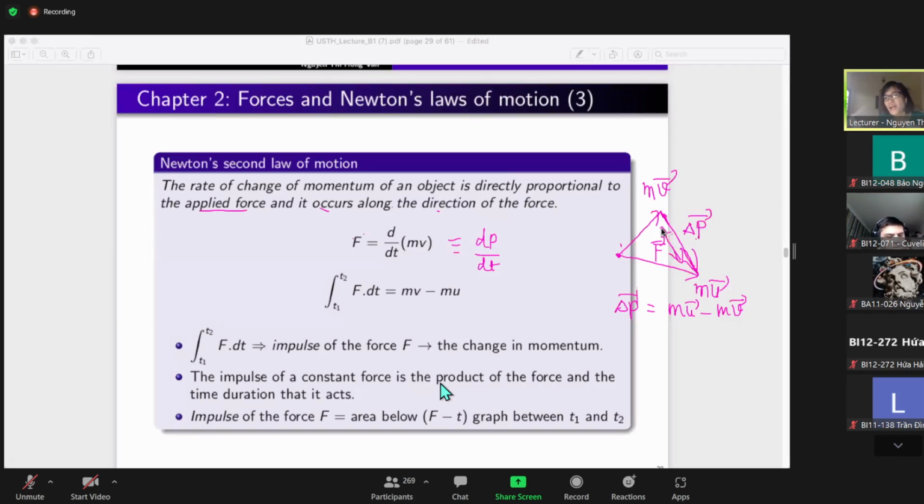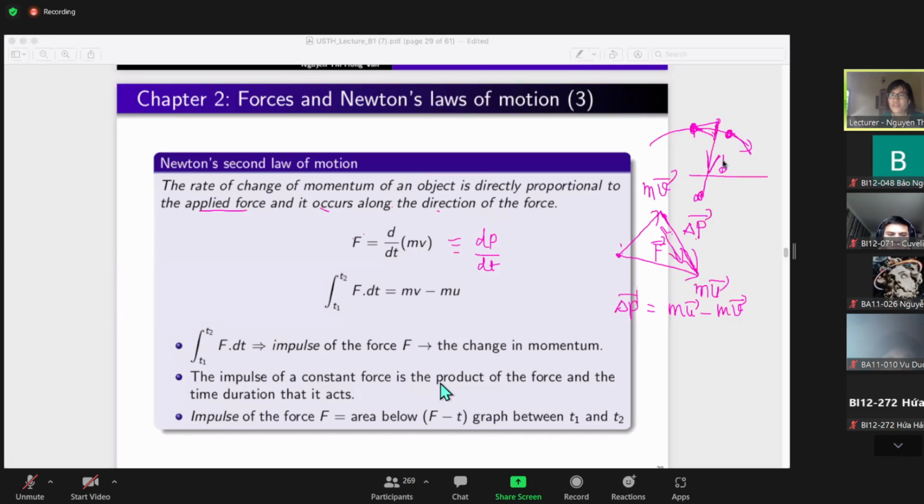In a straight line you don't see it clearly, but use circular motion, for example. In this case, you have the velocity here and the velocity here. If you make the change, it has this direction.